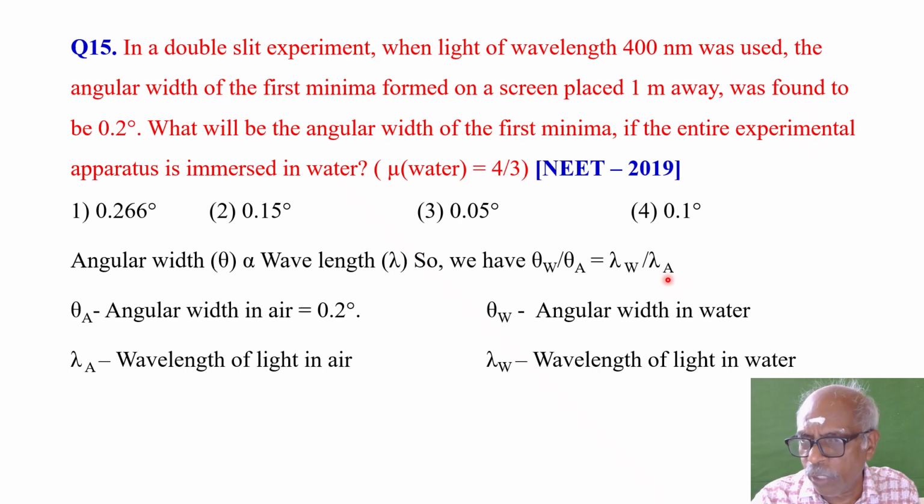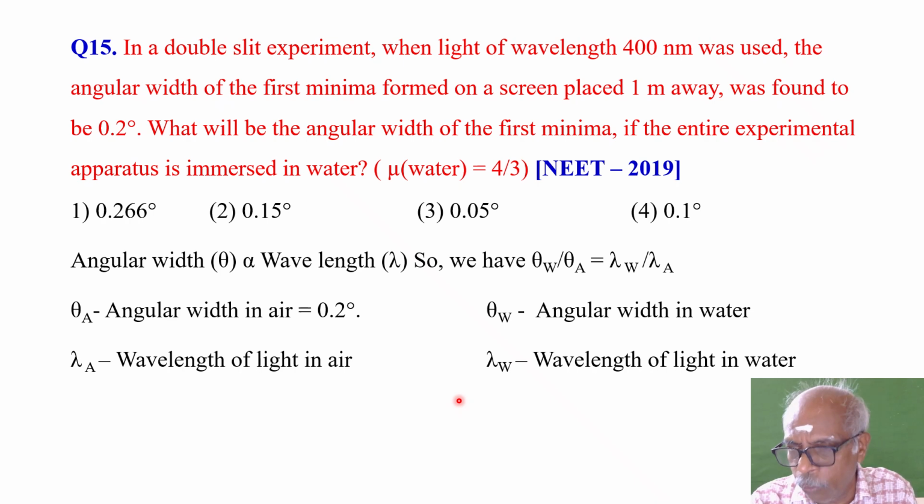What does the symbol stand for, sir? Theta a, angular width in air, that is 0.2. Naturally, theta w, angular width in water, if the entire apparatus is immersed in water. Lambda a, wavelength of light in air, and lambda w, wavelength of light in water.